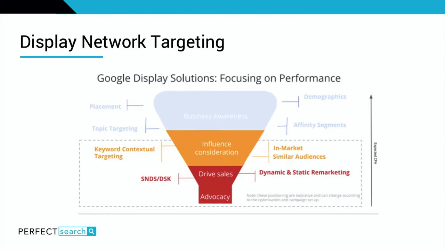So following the more high-level business brand awareness, you go into influence consideration. And so what this might mean is we might make a campaign that's keyword targeting. And what that means is, as you saw in the previous slide, the Mother's Day flowers that someone typed into search, well, we can actually plug that in through a display campaign, and the display network is able to show ads to people that have searched that in the past.